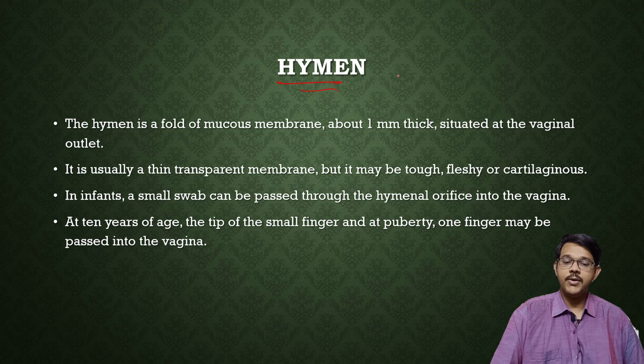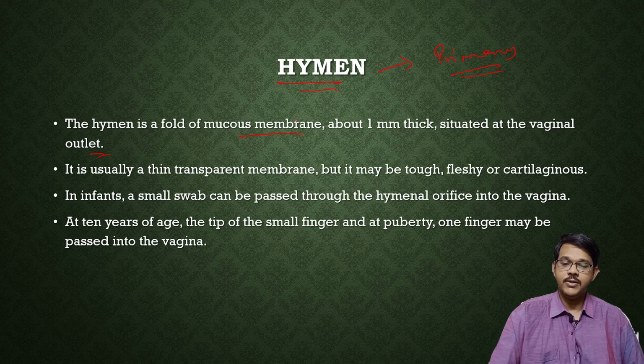Now coming to the hymen, which is the primary sign looked for to understand whether the woman is a virgin or not. The hymen is a fold of mucous membrane about 1 millimeter thick, situated at the vaginal outlet, between the vestibule and the vaginal orifice.